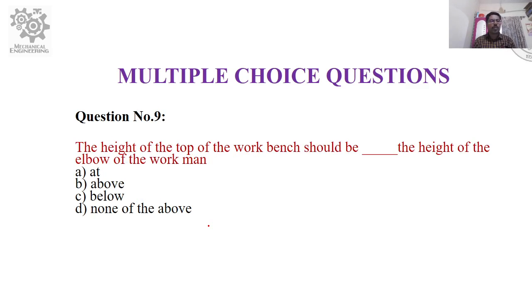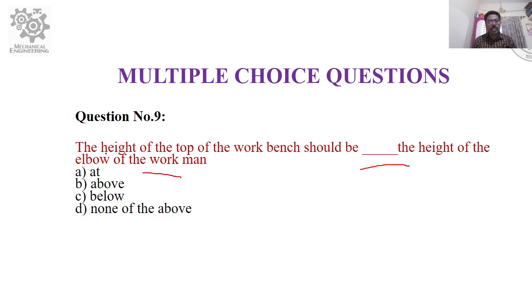So we'll go for question number 9. The height of the top of the workbench should be dash the height of the elbow of the workman.